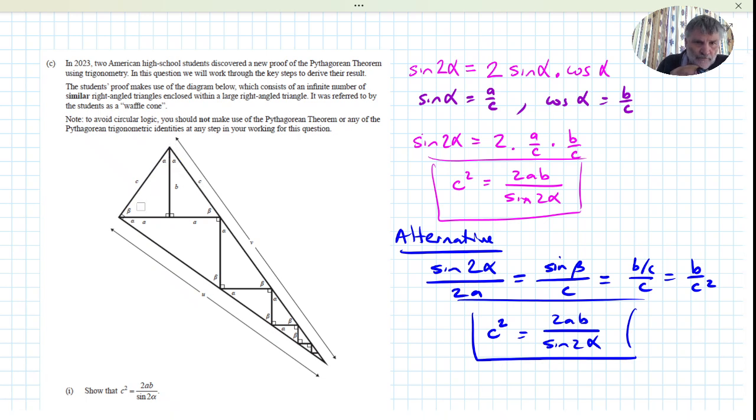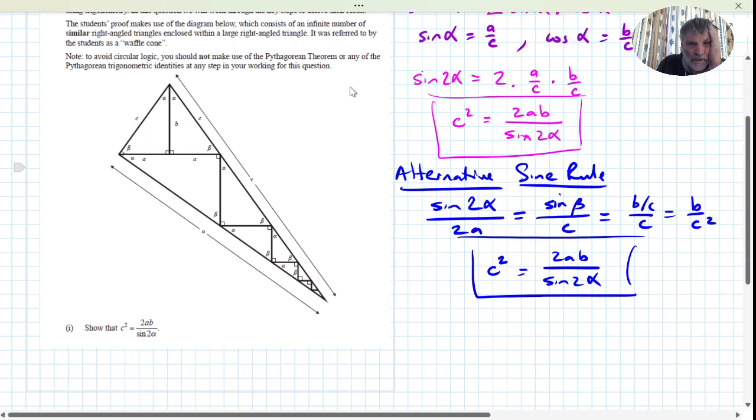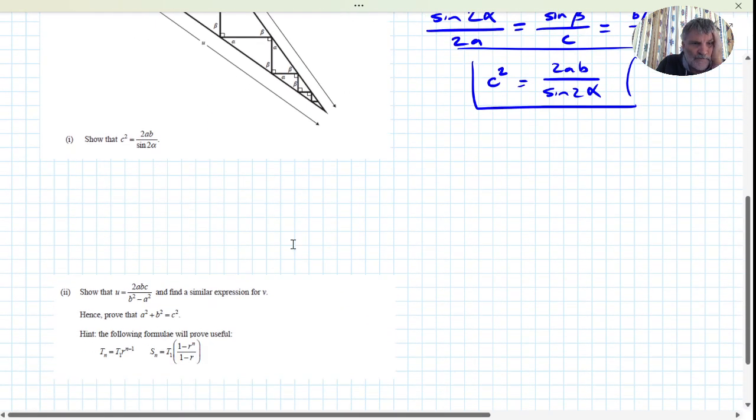One using the double angle formula for sine, and one using the sine rule.